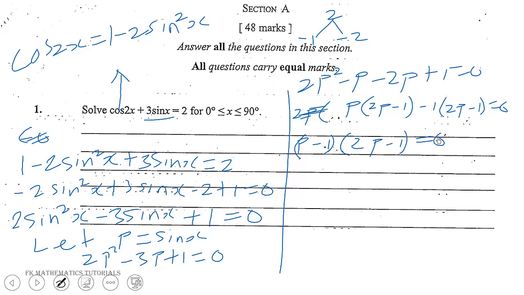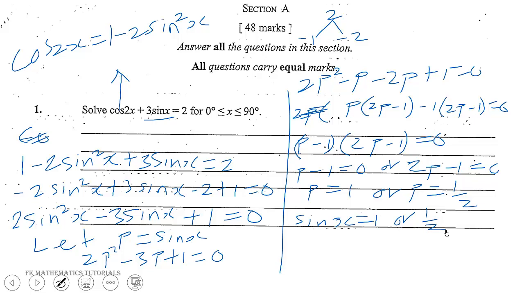So either p minus 1 equals 0 or 2p minus 1 is equal to 0. So we get p is equal to 1 or p is equal to 1/2. But we know that p equals sin x, so it means sin x is either equal to 1 or 1/2.